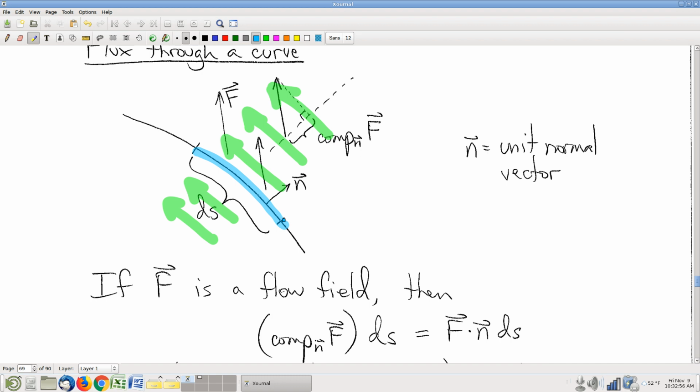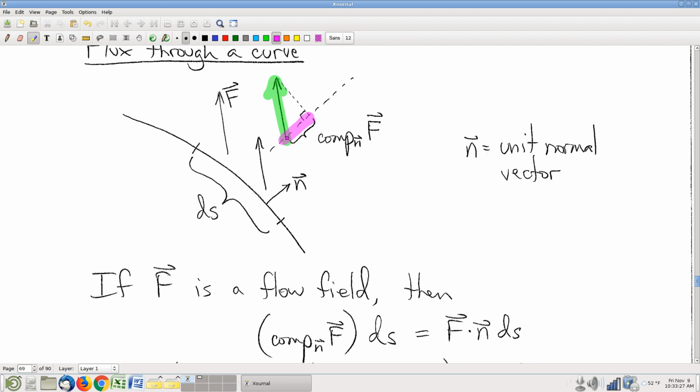Okay, so if we want to get our hands on how much quantity of fluid is going across the line, what I really need to know is not the magnitude of the vector field, but the component in the direction perpendicular to that piece of curve.